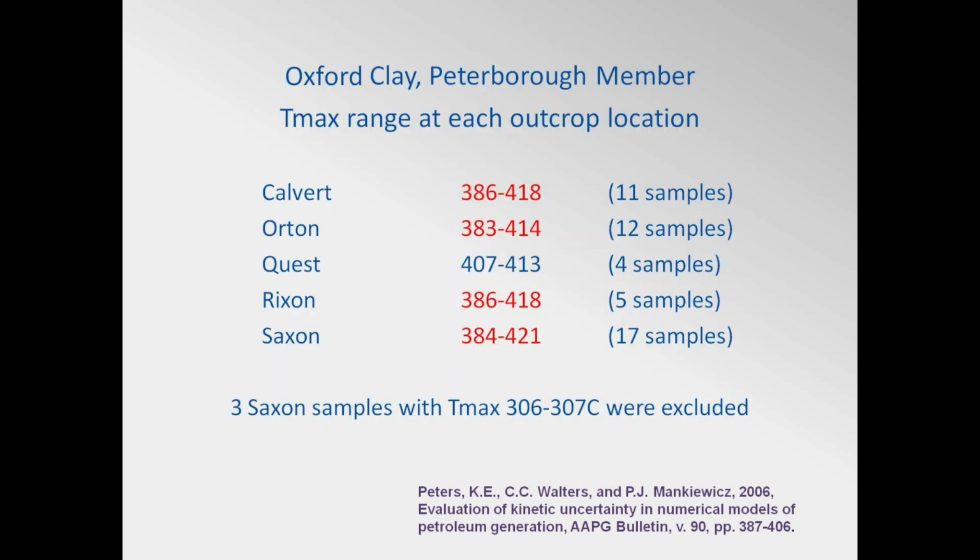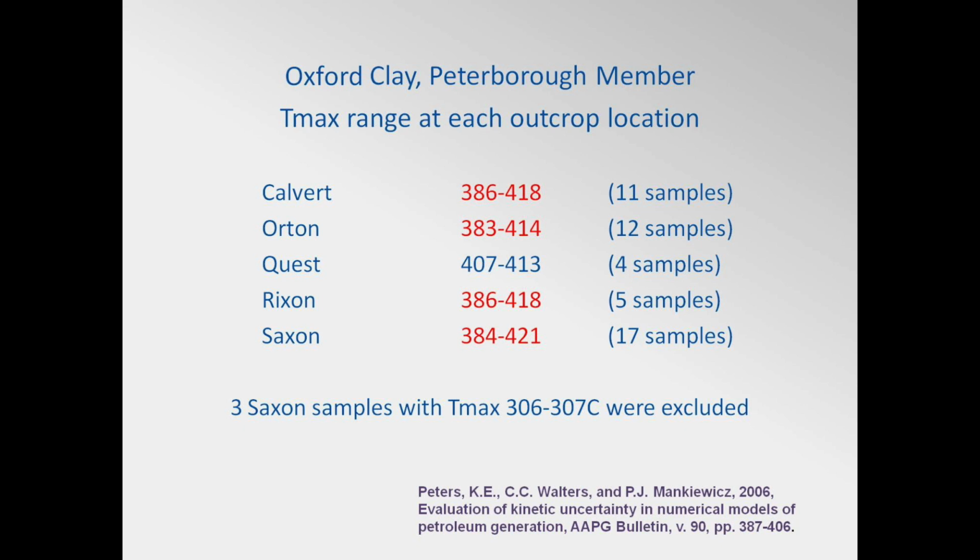The Oxford Shale samples analyzed by Peters and co-workers came from 5 outcrop locations located in a swath across England. I think it's safe to assume that the thermal history of all samples at each location were very similar.